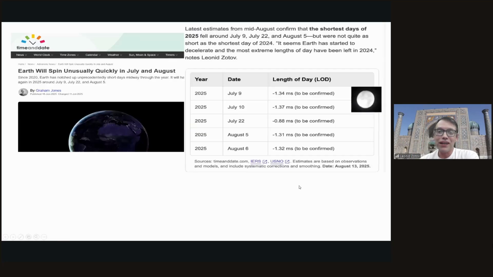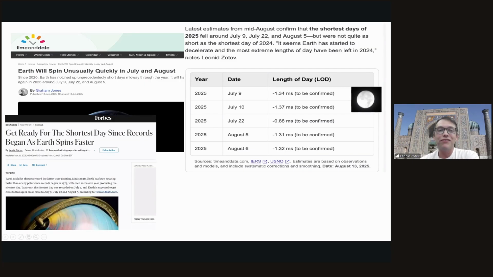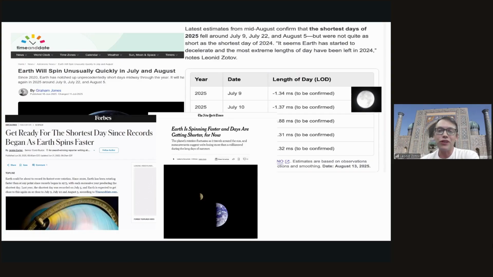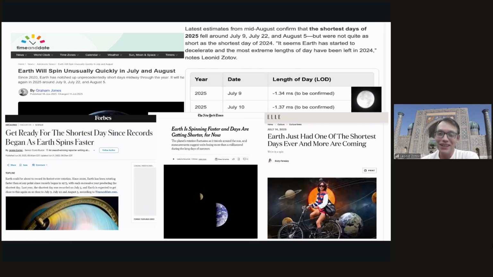There were publications in the popular media, Time and Date, and even Forbes, the New York Times, and Elle. They were interested in what is going on with this rotation.